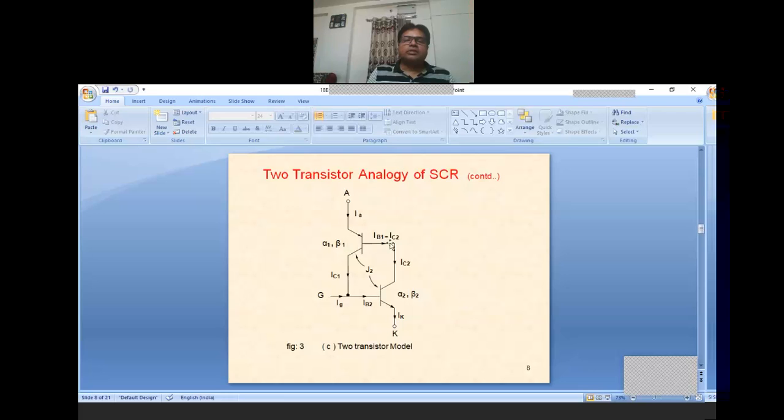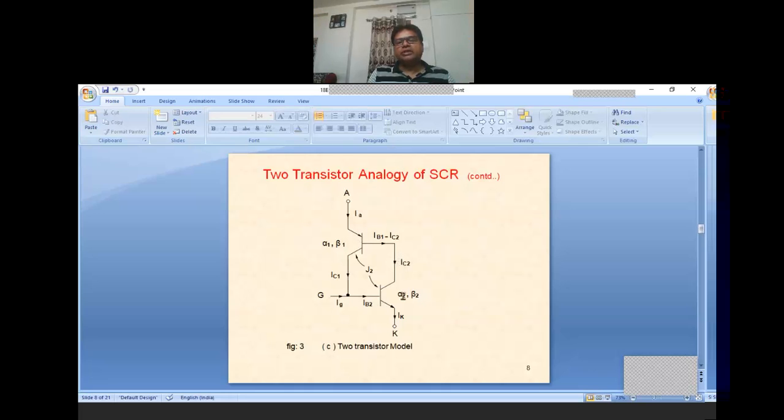Because of the anode current entering and also the collector current coming out of the transistor T1, the current increases again as these currents are added, and when it comes to transistor T2, the base current increases due to the addition of two collector currents, and again the collector current of transistor T2 increases.